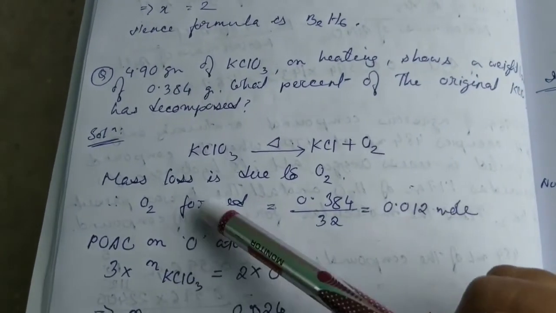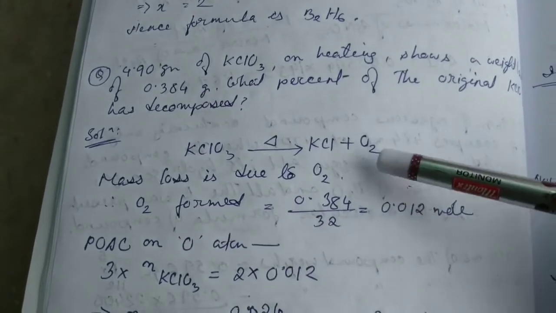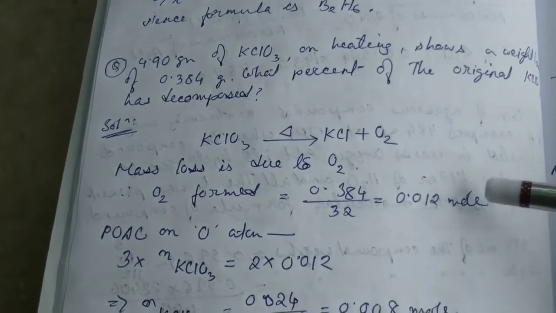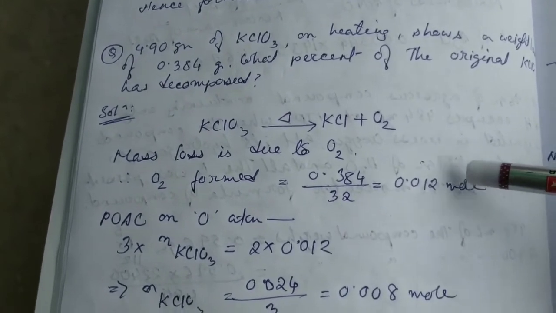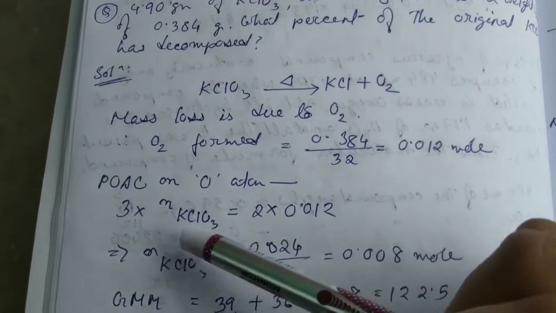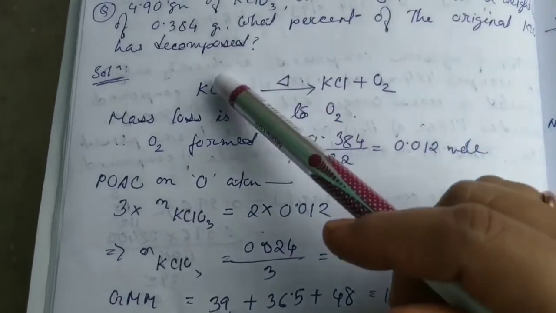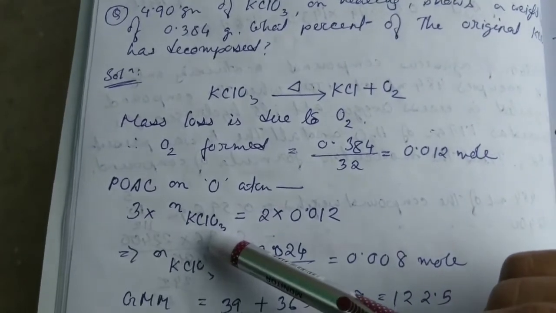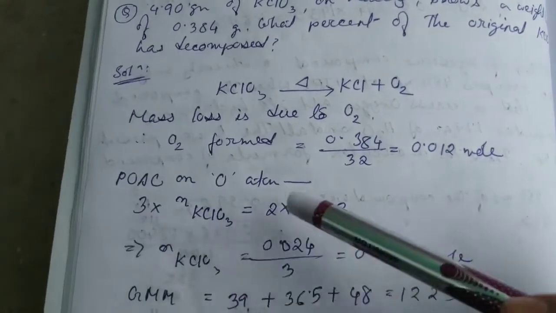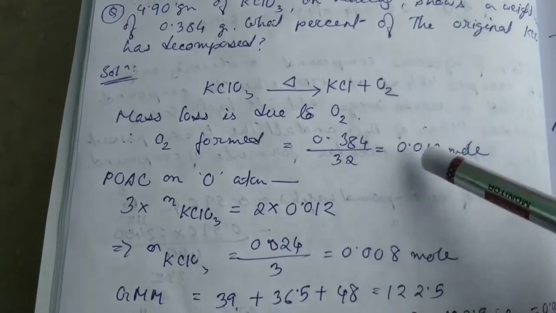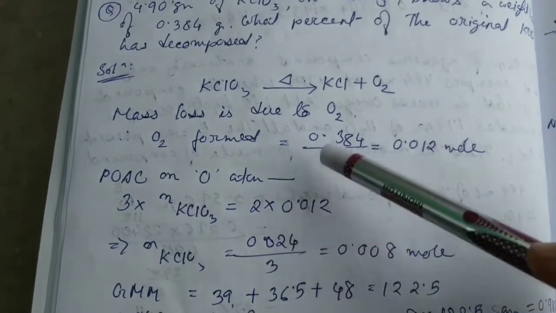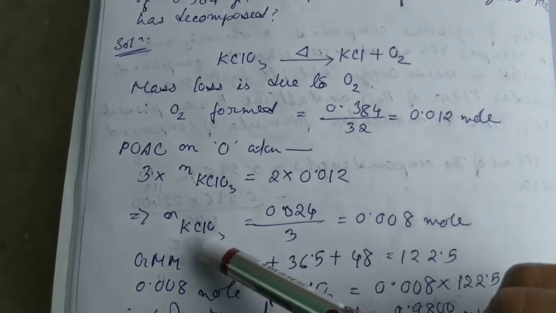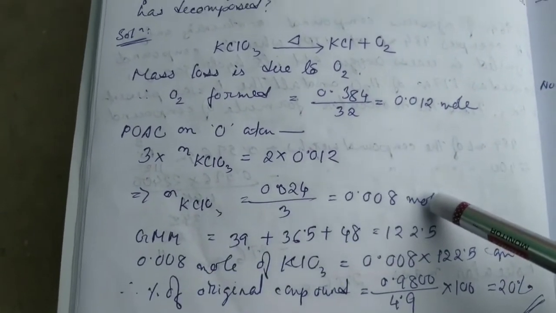So we can find out easily the oxygen formed from here. This given mass divided by its molecular mass will give you the number of moles. Now you can apply POC on the oxygen atom, and on the left hand side the atomicity of oxygen is 3, so moles of KClO3 multiplied by its atomicity 3 equal to moles of oxygen, that is 0.012, multiplied by its atomicity, that is 2. So finally we will get the number of moles of KClO3.